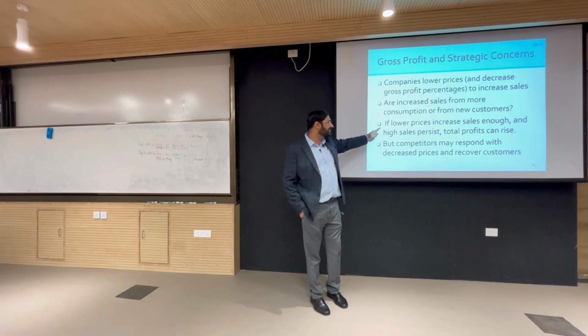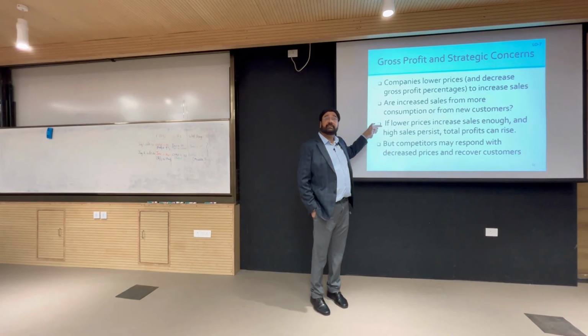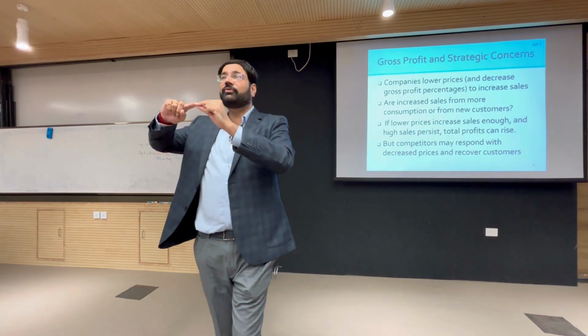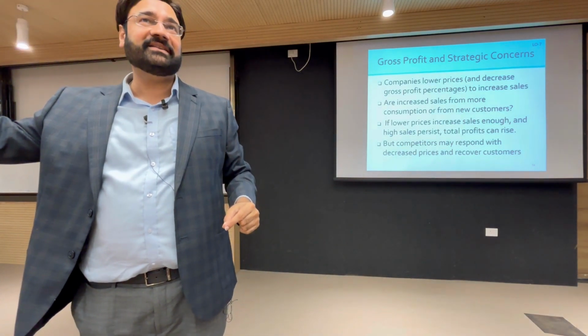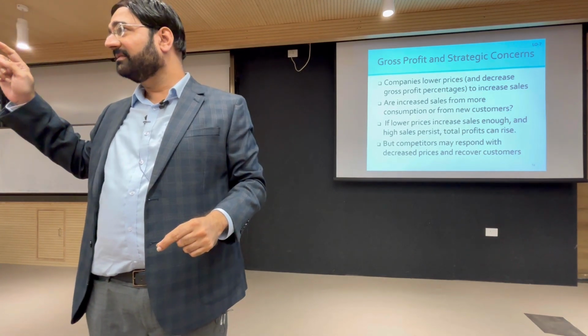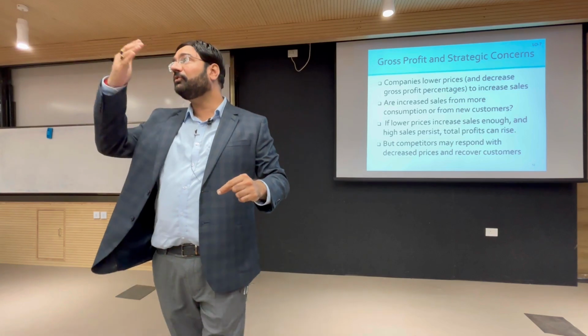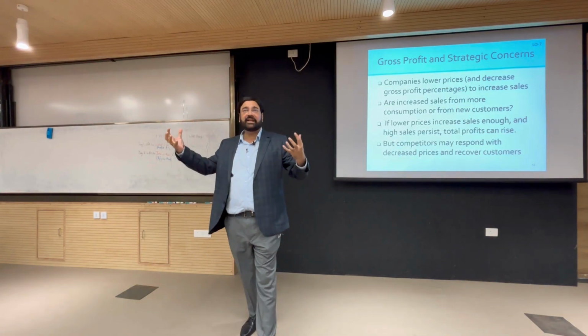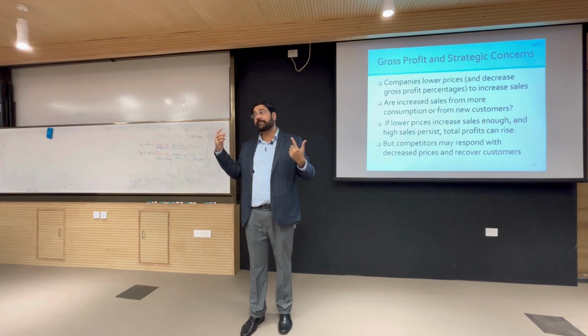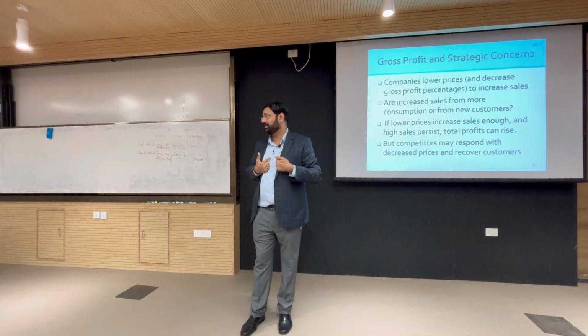So if lower prices increase sales enough, then it is okay. If because of a 5% margin you can go from 50 crores to 100 crores, let us say, from 70 crores to 100 crores, or 150 crores or 200 crores, then the overall gross profit that he earns on an absolute basis may be higher than mine.